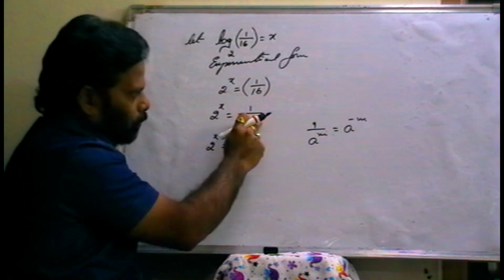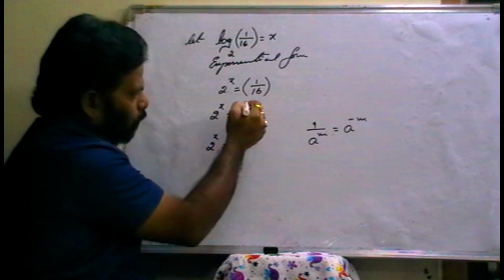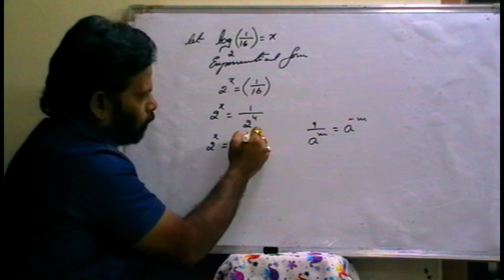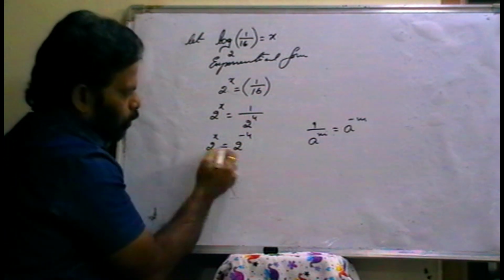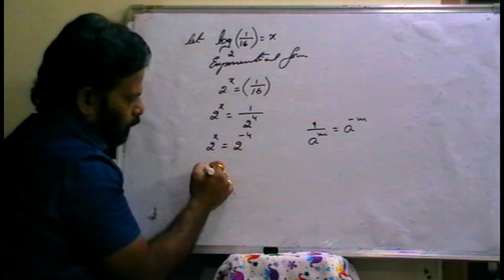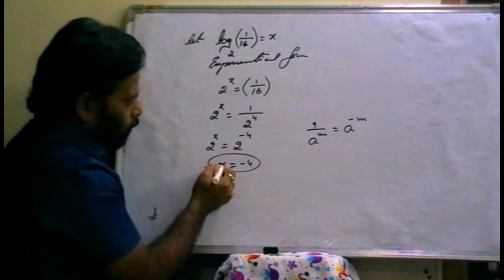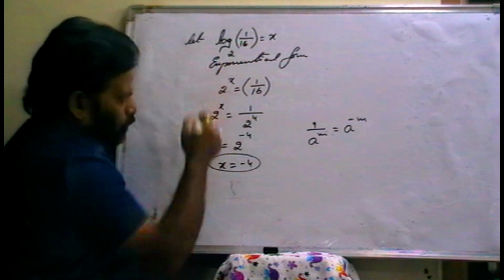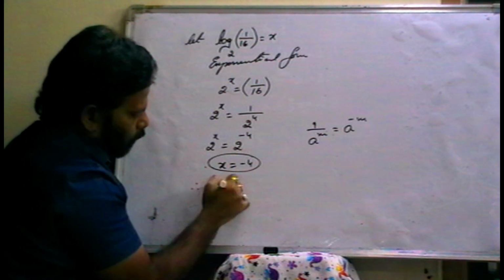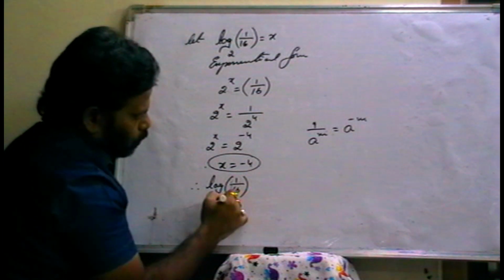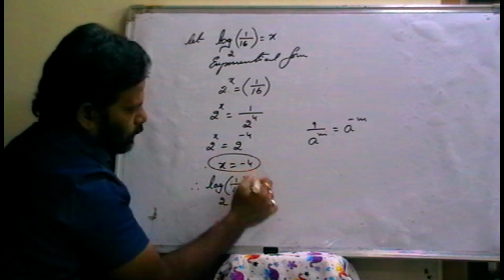So 1 by 2 to the power 4 is equal to 2 to the power of minus 4. So both sides bases are equal, so powers should be equated. Therefore x is equal to minus 4. Now x means what? Log 1 by 16 to the base 2. Therefore log 1 by 16 to the base 2 is equal to x, that x is equal to minus 4.